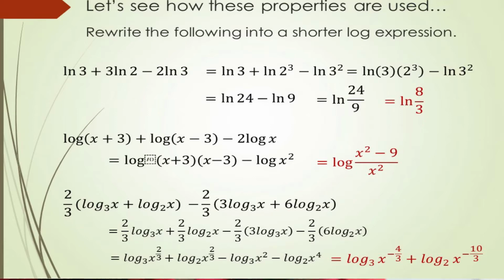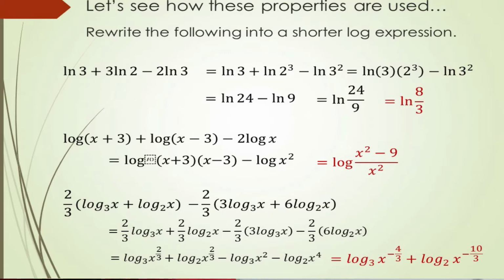We need to apply the third property. If there's a number in front or beside the logarithm or beside the ln, we can rewrite that into the power rule. So what will happen? It will become log x plus 3 multiplied by x minus 3 minus log x raised to 2.